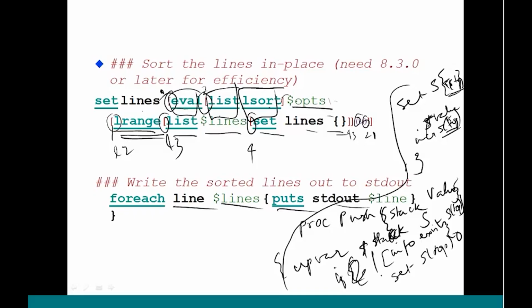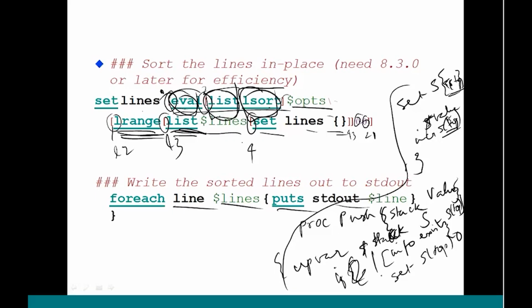Essentially, we do this command. So let's go through this one by one. We do an eval. There's a list, which converts the output into a list. Then we do an lsort, which is a list sort of the options, and then we give a range.